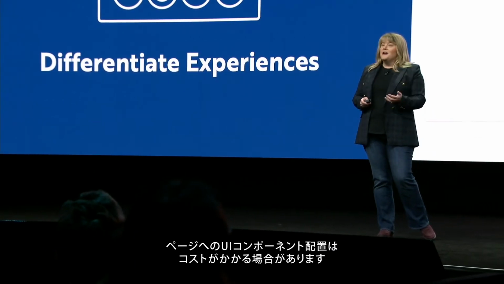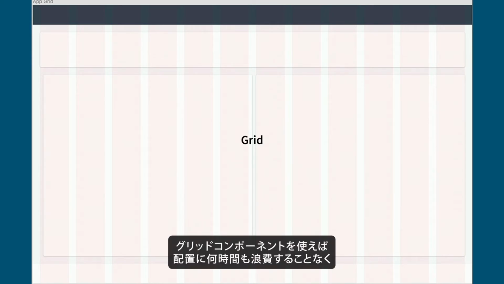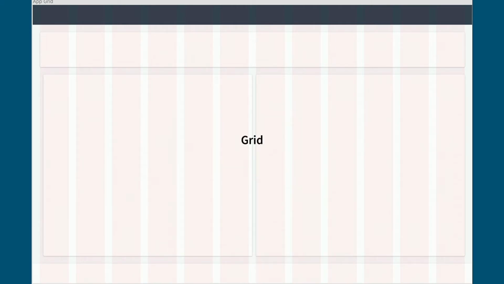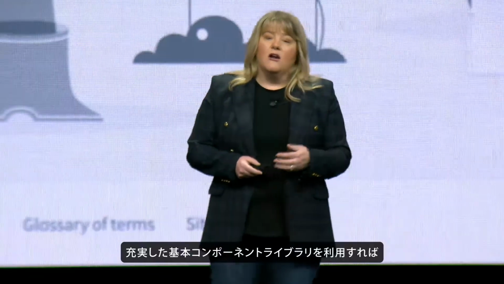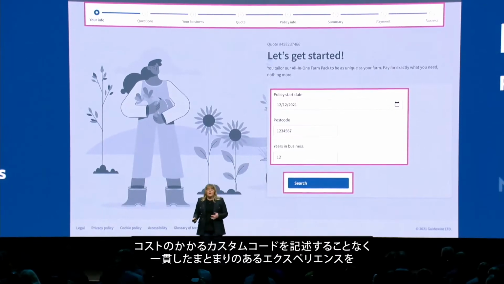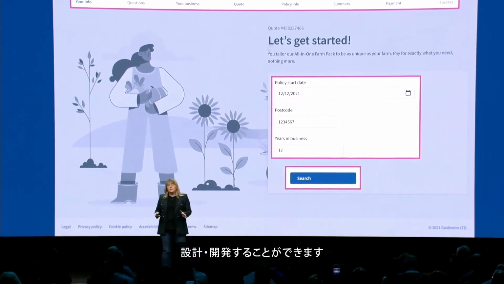Now, aligning UI components on a page can be costly, so our grid component gives you the ability to configure page layouts without spending hours of development time on aligning the UI. Our extensive library of atomic components help to design and develop a cohesive and consistent experience without expensive custom code.